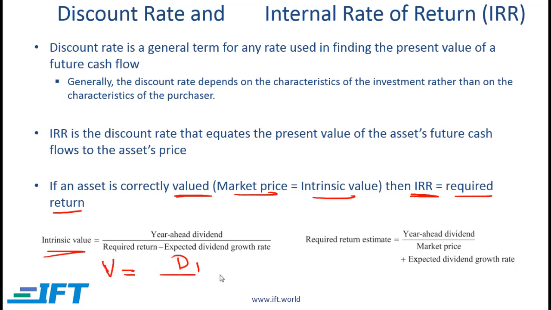This is equal to D1 divided by R, which is the required return, minus the growth rate. This is the sustainable long-term growth rate. You can do a little bit of algebra and show that R is equal to D1 over the market price, which is P. And notice that in an efficient market, the V and the P are the same, plus the expected dividend growth rate. And this is the key point, which is that in an efficient market, the required return and IRR are the same.